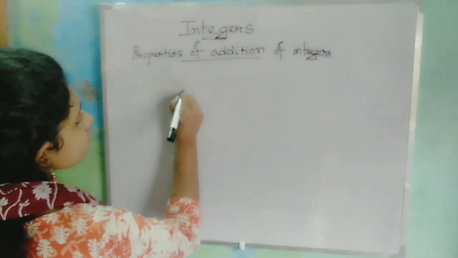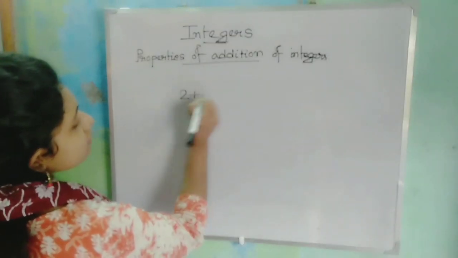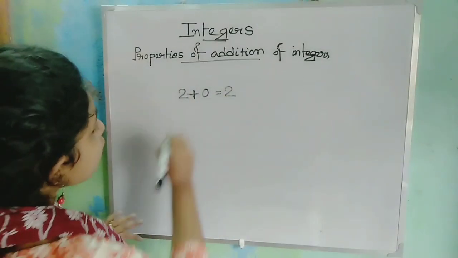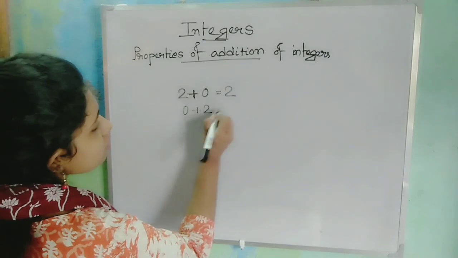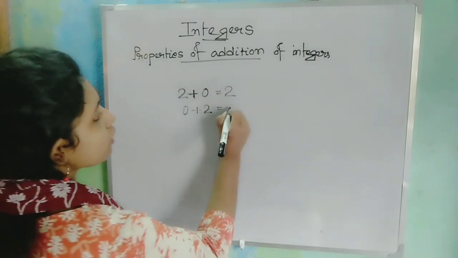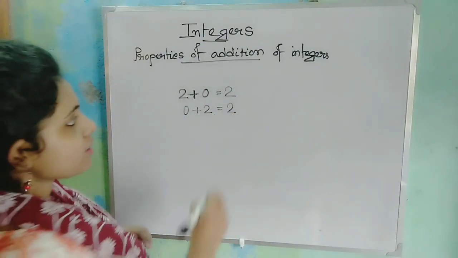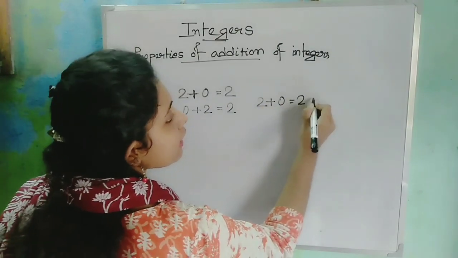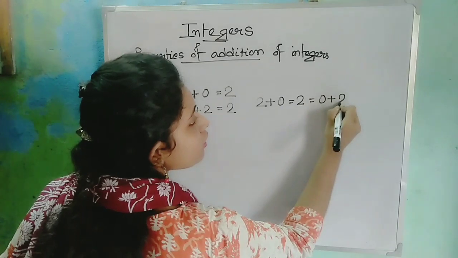See, 2 plus 0. What will be the value? Obviously 2. Again, if we write 0 plus 2, this is also 2. That is, we can write 2 plus 0 equals 2 equals 0 plus 2.